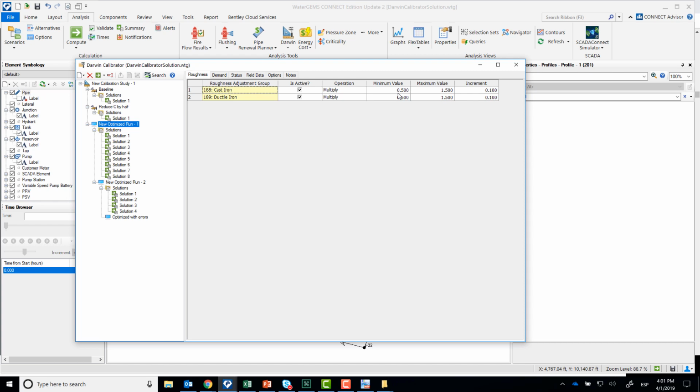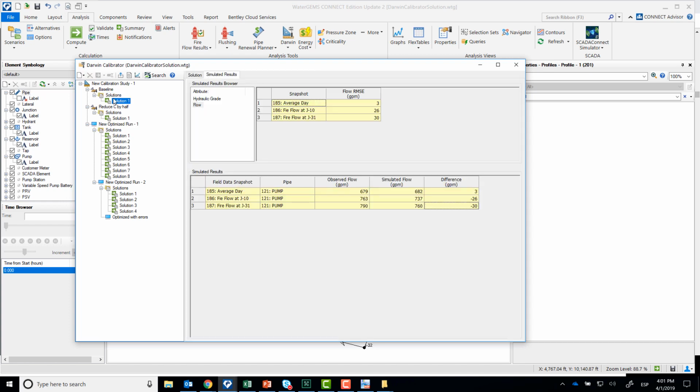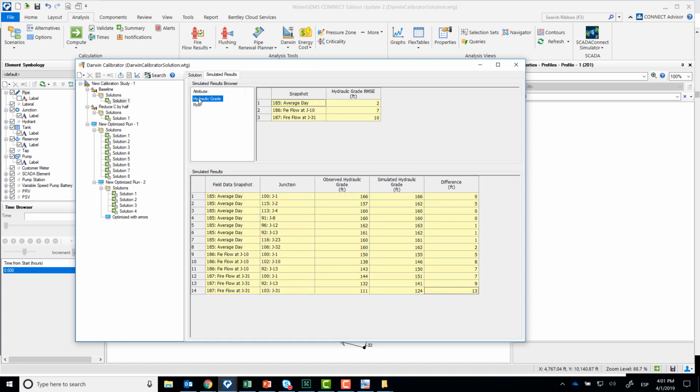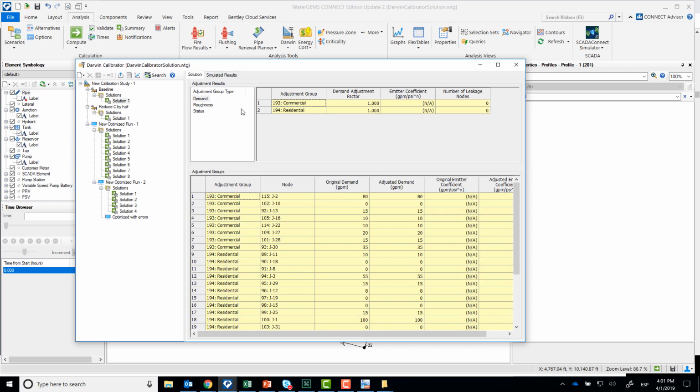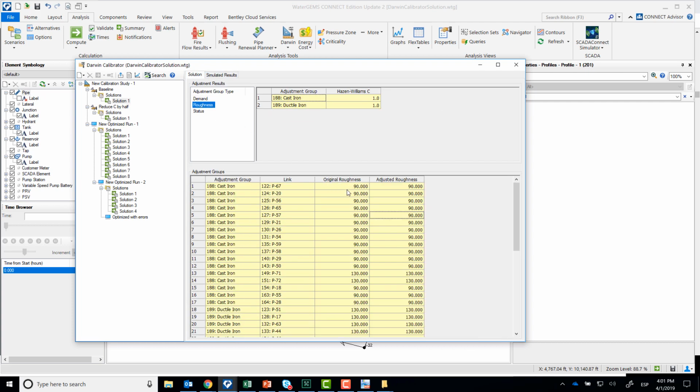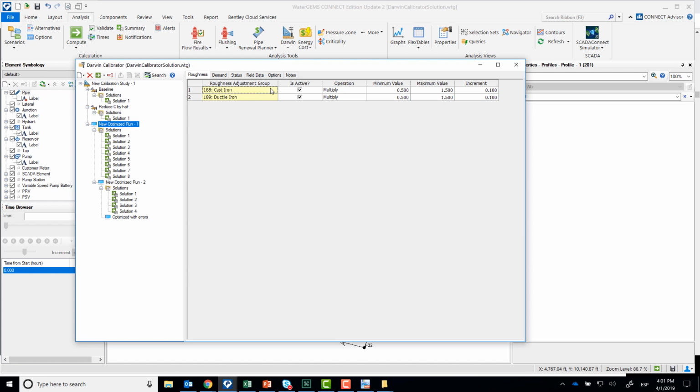Same for ductile iron, knowing that the initial C factor, let's just go back here, and we can see the roughness original was 90 and 130, right? So we said, okay, go and multiply 90 times 0.6, 0.7, 0.8, and then 130 times 0.5, 0.6, 0.7, etc. And whenever you find a good match, stop. Use the field data that's good and we know about, and let us know what you found.